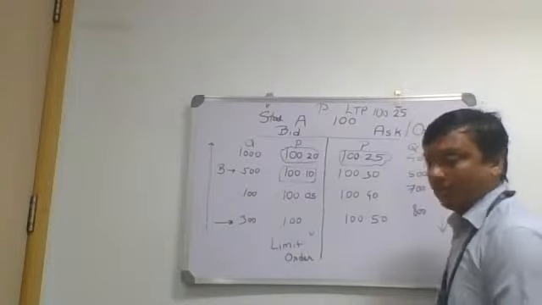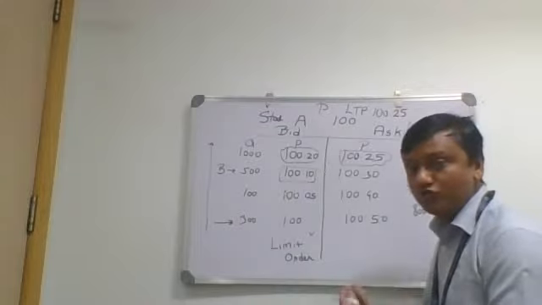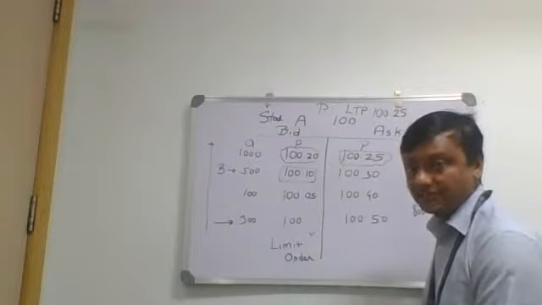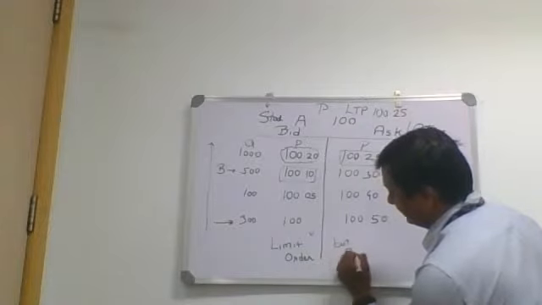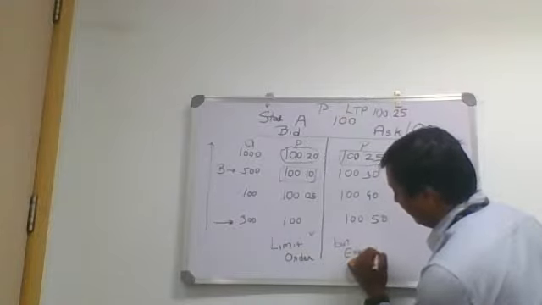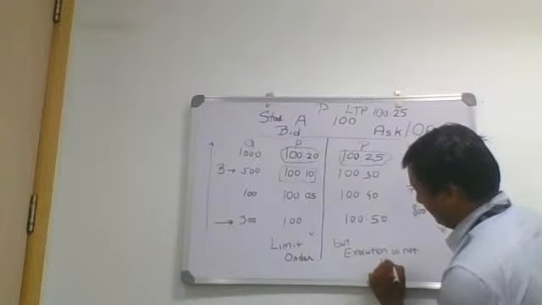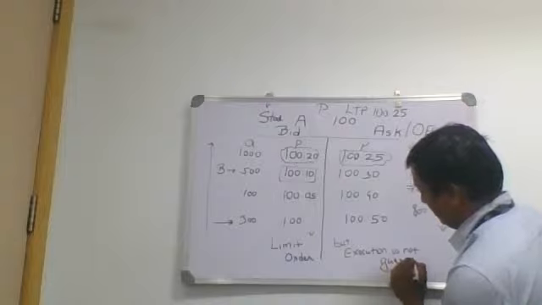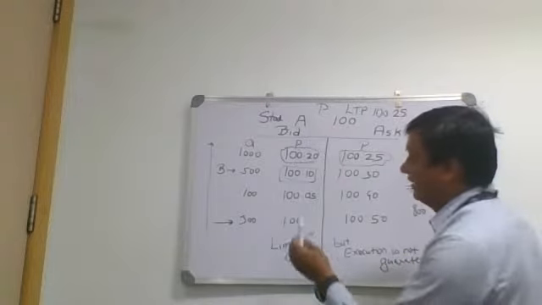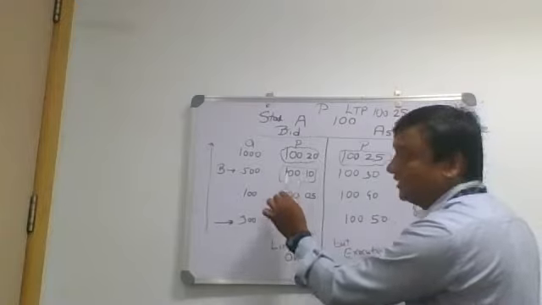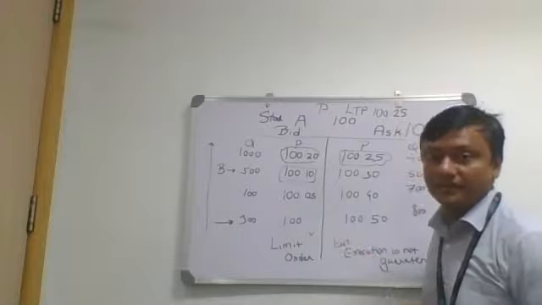The thing with a limit order is you get to choose your own price, but execution is not guaranteed. There is a high chance that this person may not get an execution at this price.